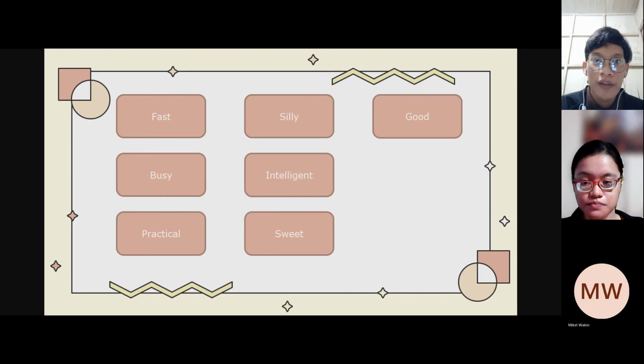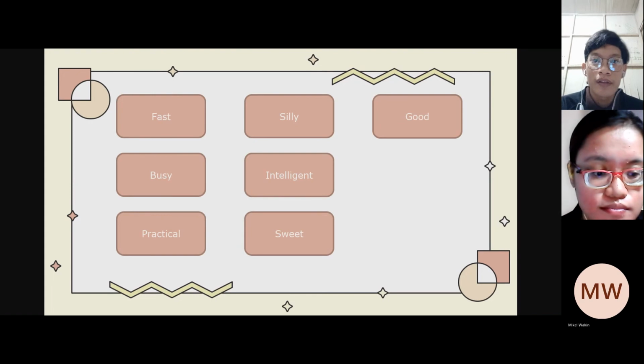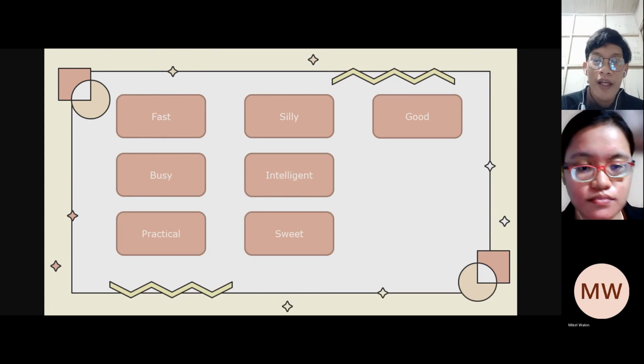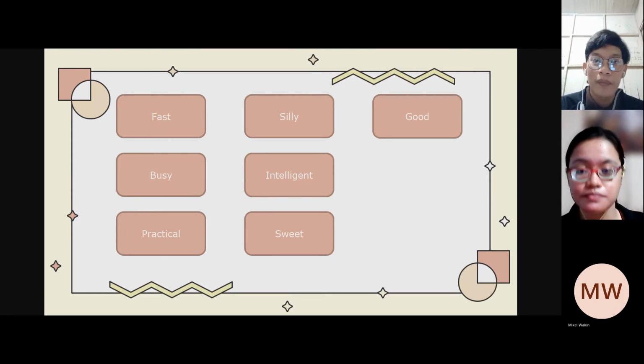So therefore, there is no such thing as putting the word more before our adjective, and all you need to do is change the whole word to make it a comparative form, which is good and its comparative form, which is better.